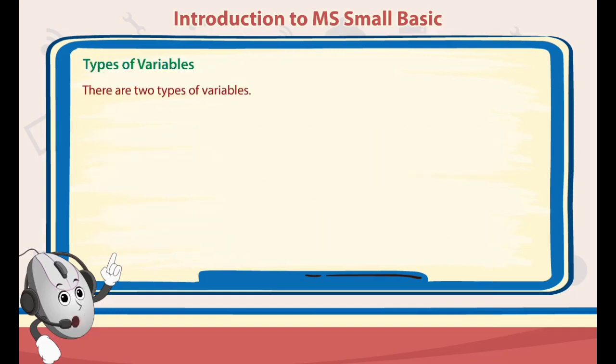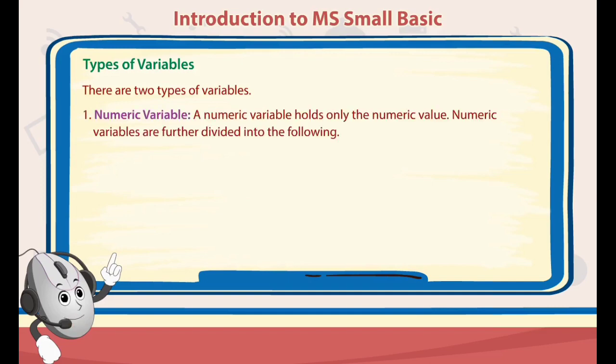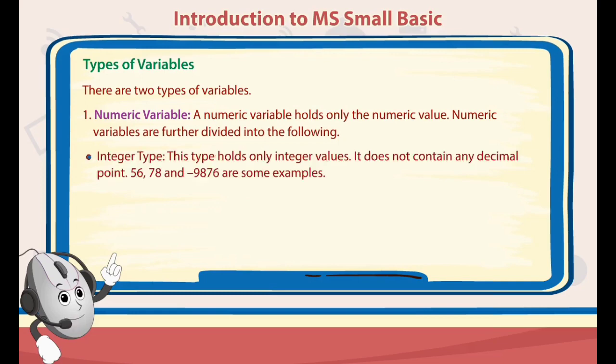Types of variable. There are two types of variables. 1. Numeric variable. A numeric variable holds only the numeric value. Numeric variables are further divided into the following. Integer type. This type holds only integer values.